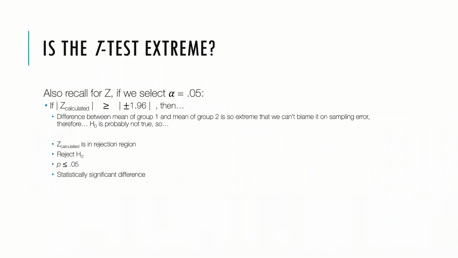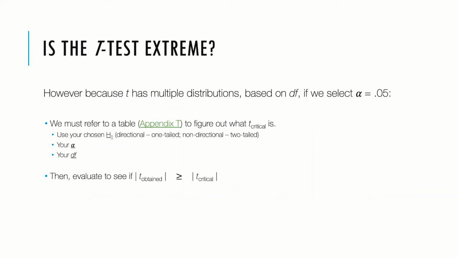So we have to adjust our t critical value based on whatever curve we're dealing with, whatever sample size we have. We can't just rely on 1.96. Because it has multiple distributions based on degrees of freedom and an alpha level, we have to figure out what the cutoff is. It's not always going to be 1.96.